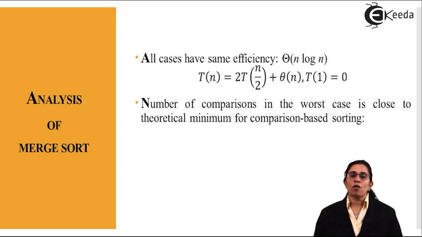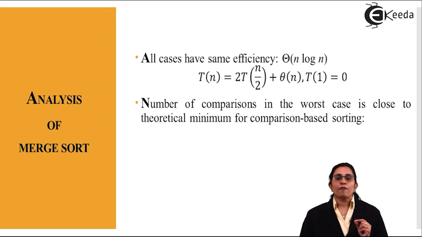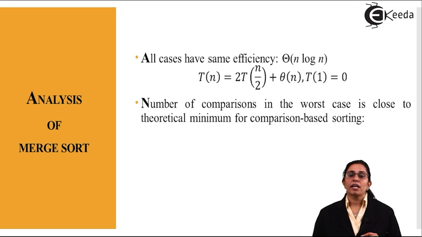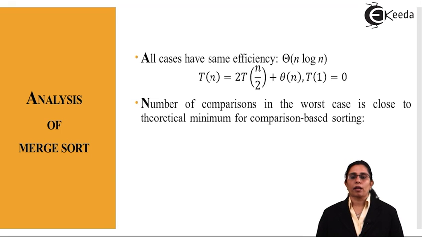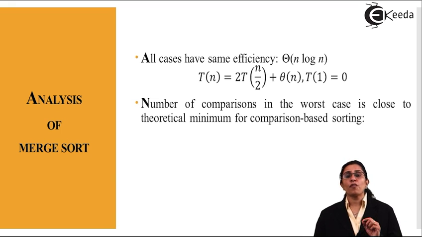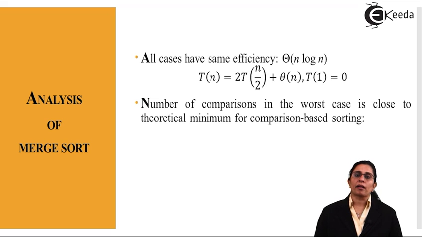Now if you see the efficiency, we have said it is theta n log n. So the function follows the complexity of type theta n, and we divide the problem into n by 2 proportions, that is we keep on splitting the problem into small subproblems.